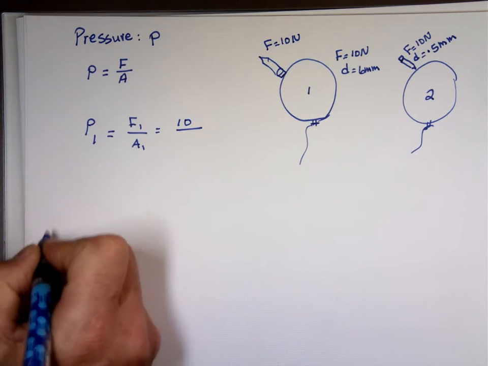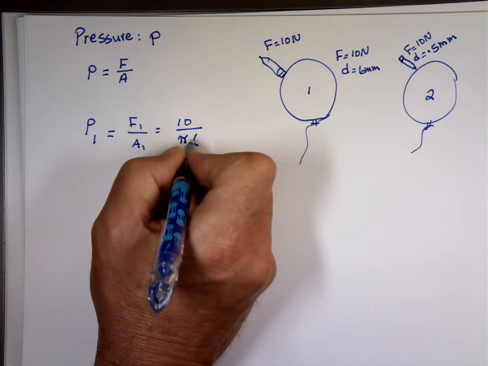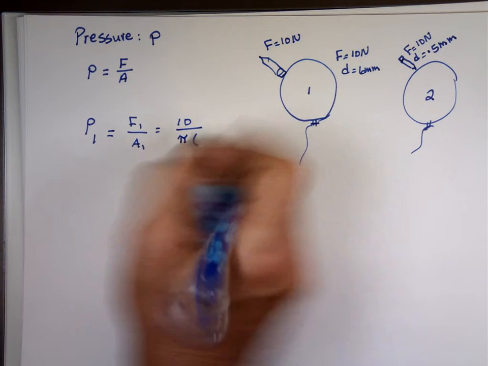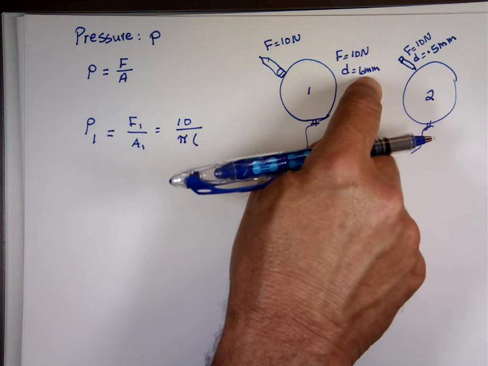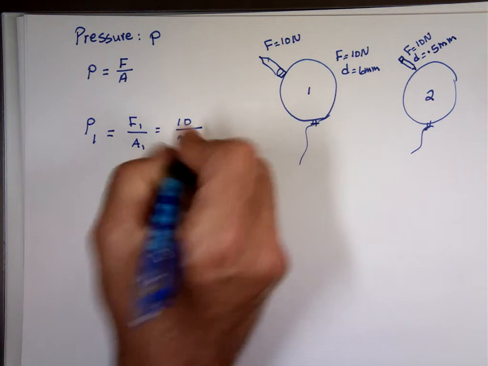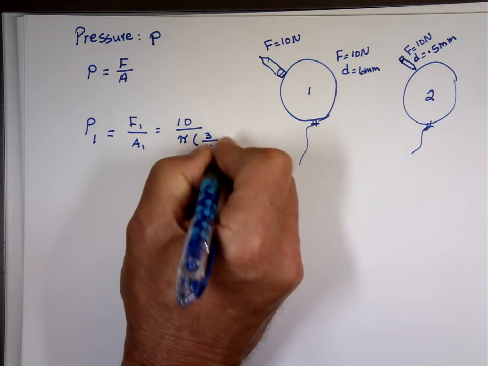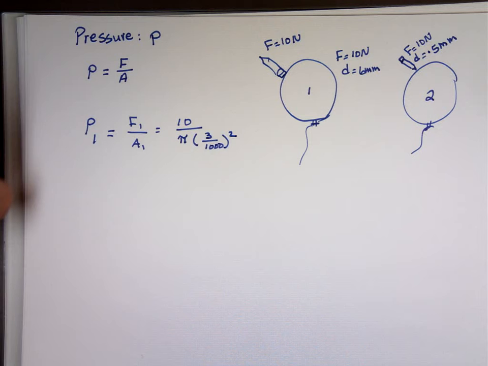And what's the area? That's pi r squared. The diameter here is 6 millimeters, so r is 3 millimeters, divided by 1,000. Area of a circle, pi r squared.